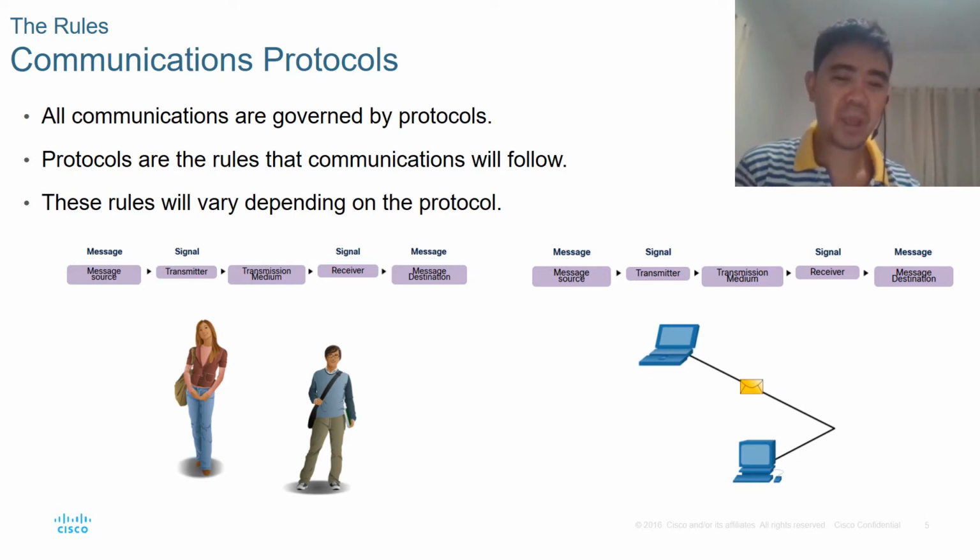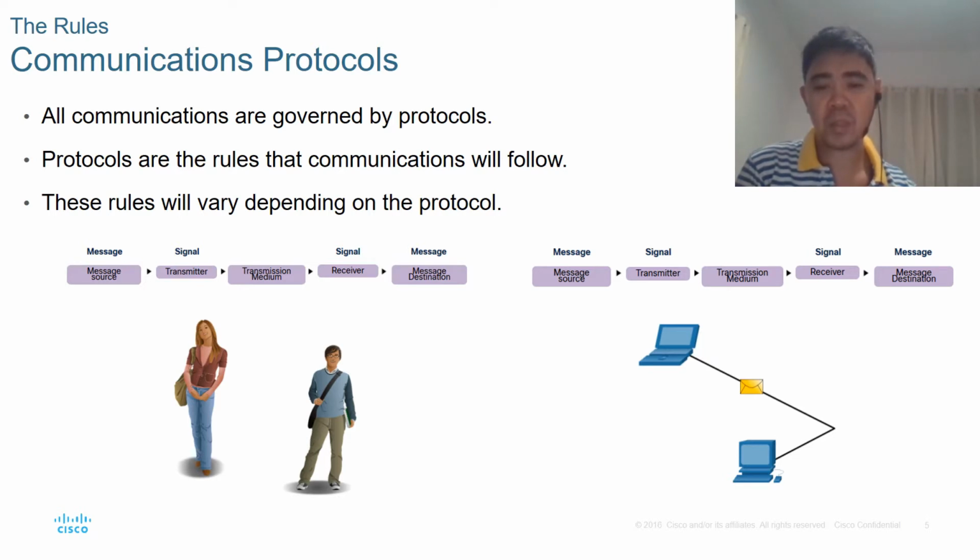And on the other side, the other party, there's also a part in the body that receives the information, and that is the ear, right? So there's the mouth, the transmitter, the ear, the receiver, and then there's the medium. Like in the case of these two persons talking, the air.